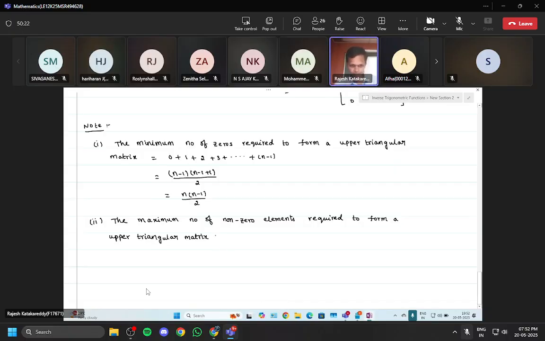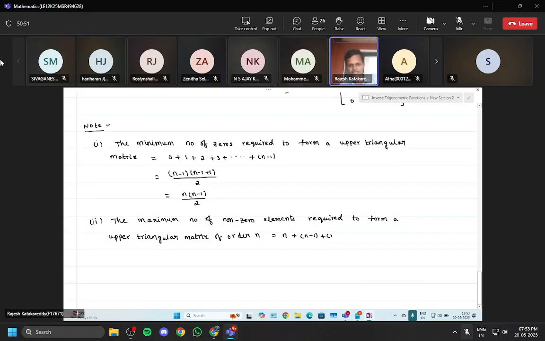Somebody saying n plus... That is correct. So the sum of n natural numbers. Yes, sum of n natural numbers. Very good. If you take row 1, in row 1, I can keep n non-zero elements. It is not necessary that one element must be 0, right? So row 1 can have n non-zero elements. But in row 2, 1 zero is a must. Remaining n minus 1 can be non-zero elements.